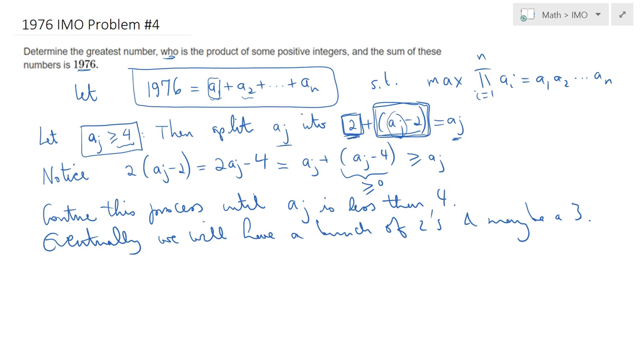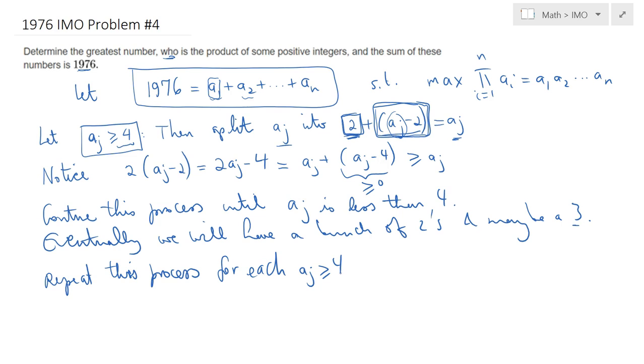So if it's odd, then we will get a 3 for sure. But then repeat this process for each a sub j greater than or equal to 4.